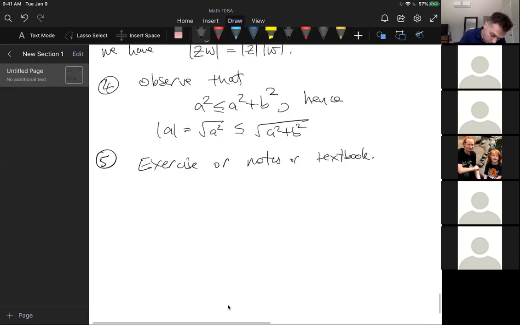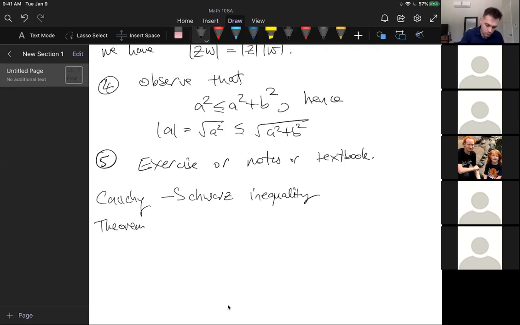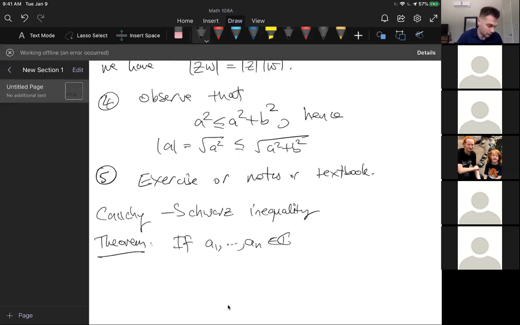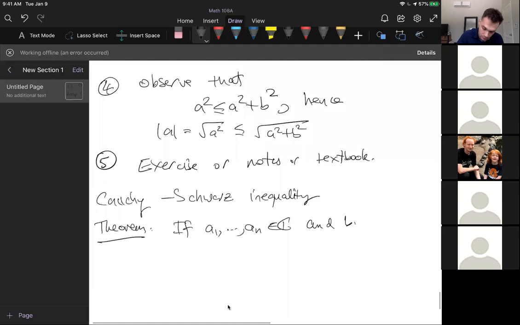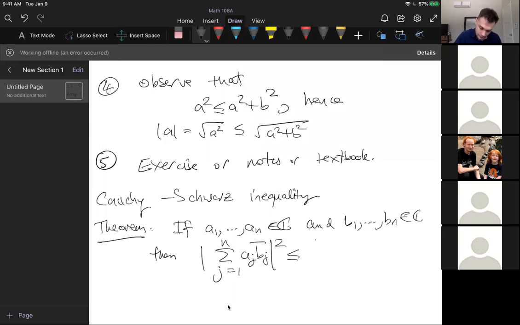Another important thing, not just for this class but in general, is the Cauchy-Schwarz inequality. What does it tell you? If you have complex numbers a_1 through a_n, and other complex numbers b_1 through b_n, then the following inequality holds: the sum from j equals 1 to n of a_j times b_j bar, all squared, is less than this.